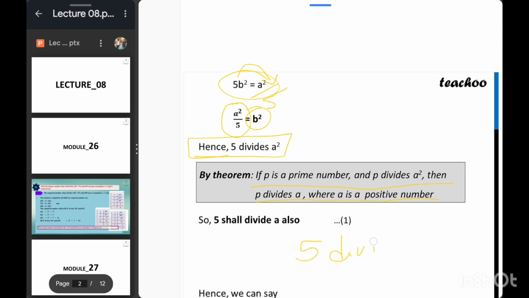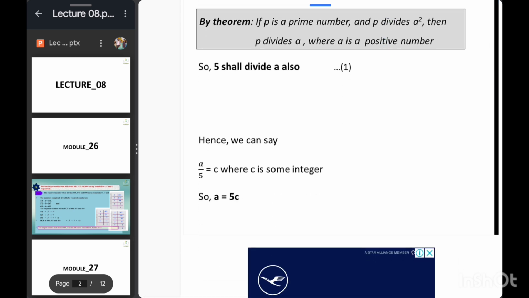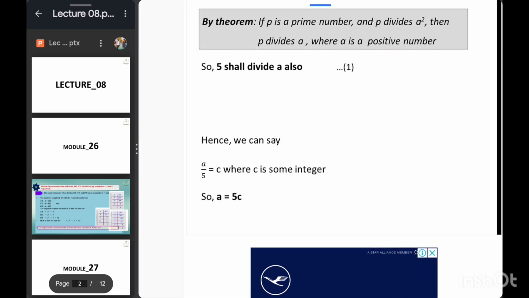So we can say that a by 5 is equal to c, where c is some integer. So a is equal to 5c.